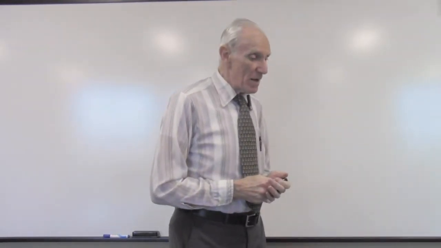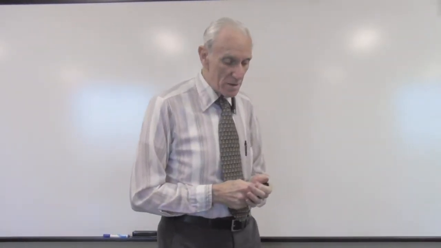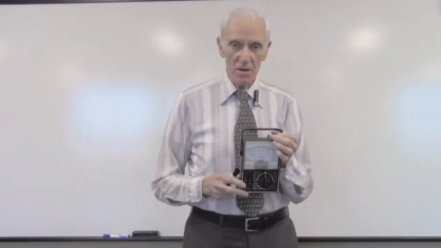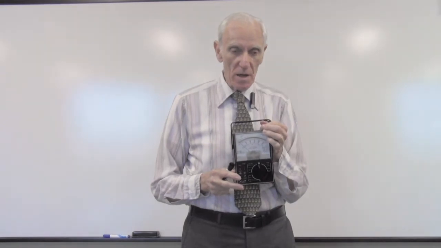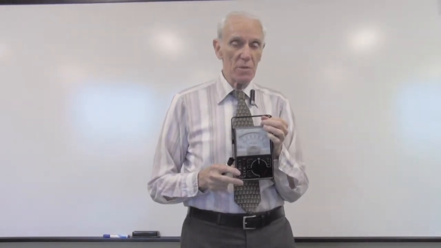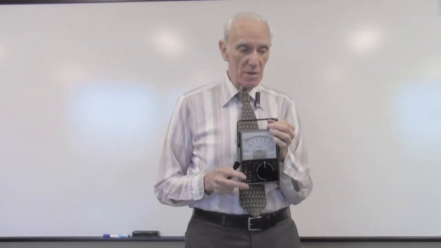So let me talk a little bit about old-fashioned analog meters. Here's an old-fashioned analog meter, and it's a multimeter, which means it can measure many things, like the meter you've used a little bit last semester.